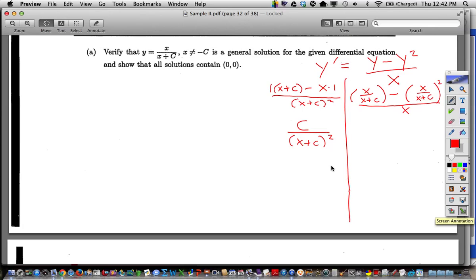All right, now, what about over here? Good. Somebody in the class mentioned that. Did you try it? Well, before I plugged in x over x plus c, I factored out y from the derivative and worked it a little bit.